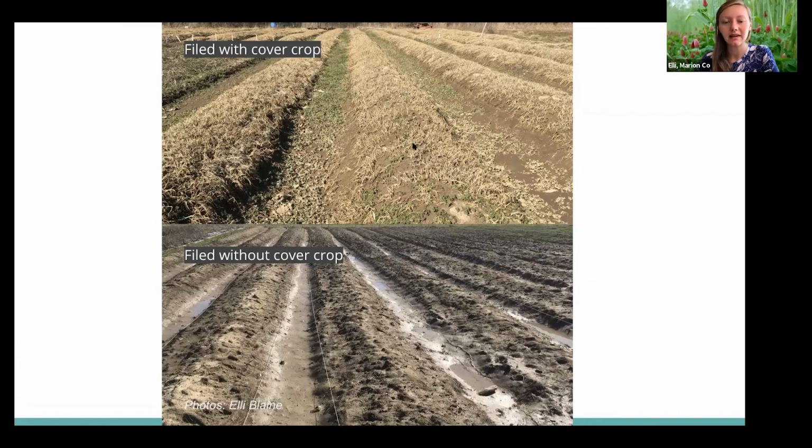So you can see in a relatively short amount of time, at least what I see in this photo, that although there wasn't a whole lot of time for this cover crop to grow, there was still the ability to use those root systems of the cover crop to help stabilize the soils and help take up water, infiltrate water, cycle water. So this was a winter kill cover crop. Both of these photos taken in the spring.